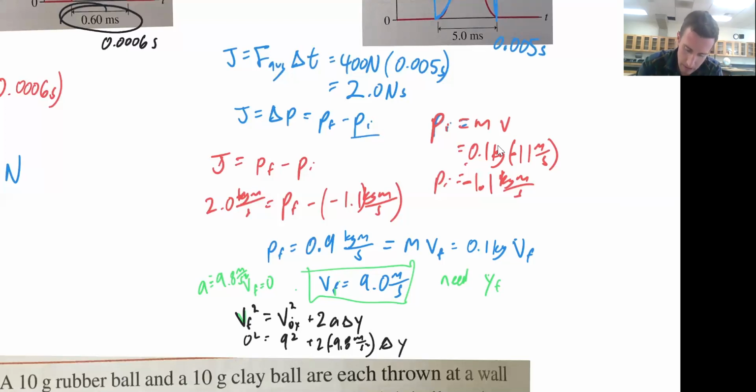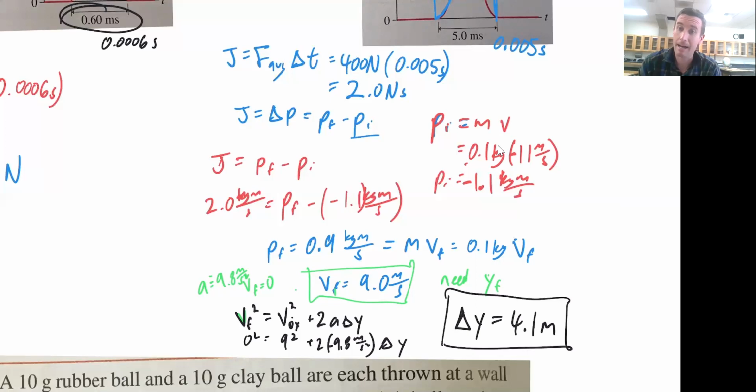So negative 81 as the 9 shifts over here, negative 81 divided by negative 19.6. 81 over 19.6 gives me 4.1 meters high. So my change of y is 4.1 meters, and that is how high the ball should bounce. And if I check, they gave it as a single digit 4, but looks like we're in the right space.